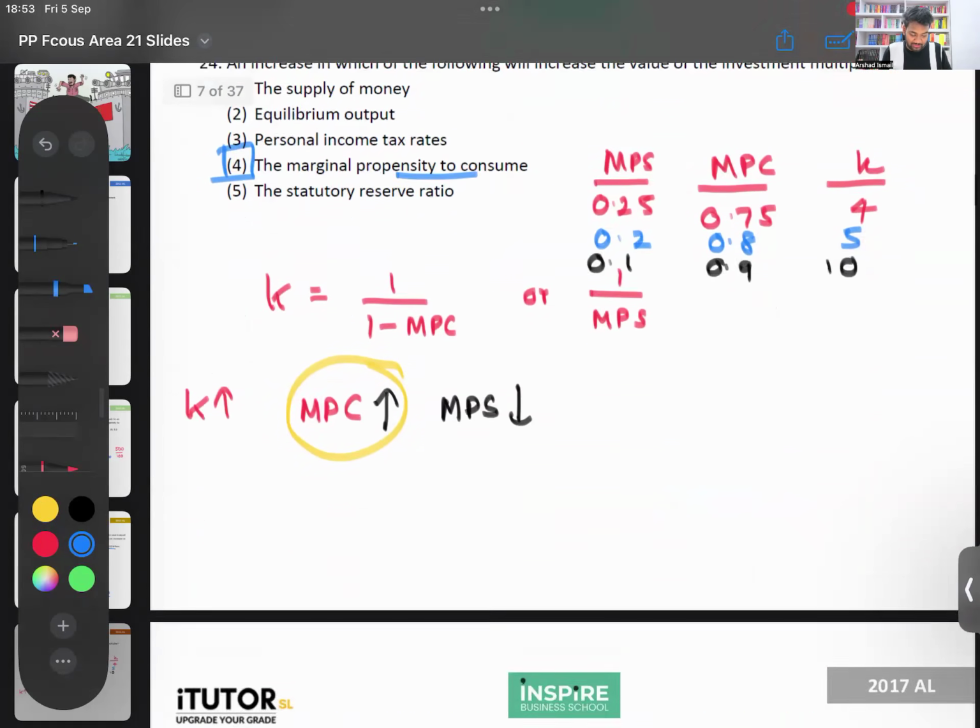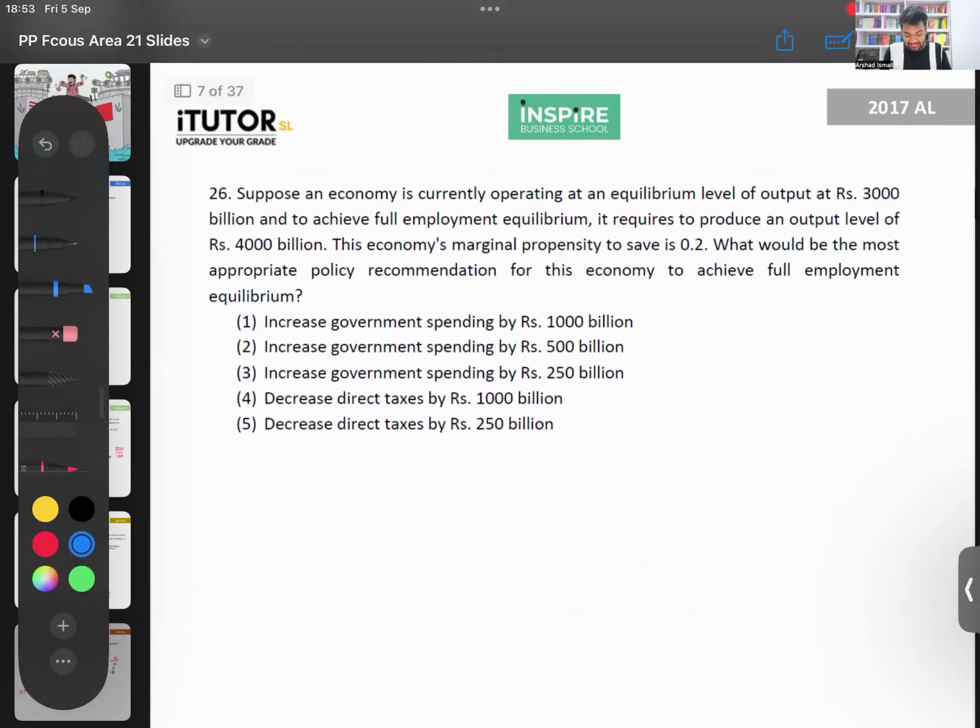Then going into the next one, 2017. It says, suppose the economy is currently operating at an equilibrium of 3,000. Full employment level is 4,000. If the MPS is 0.2, what is the policy recommendation to achieve full employment? Interesting question.